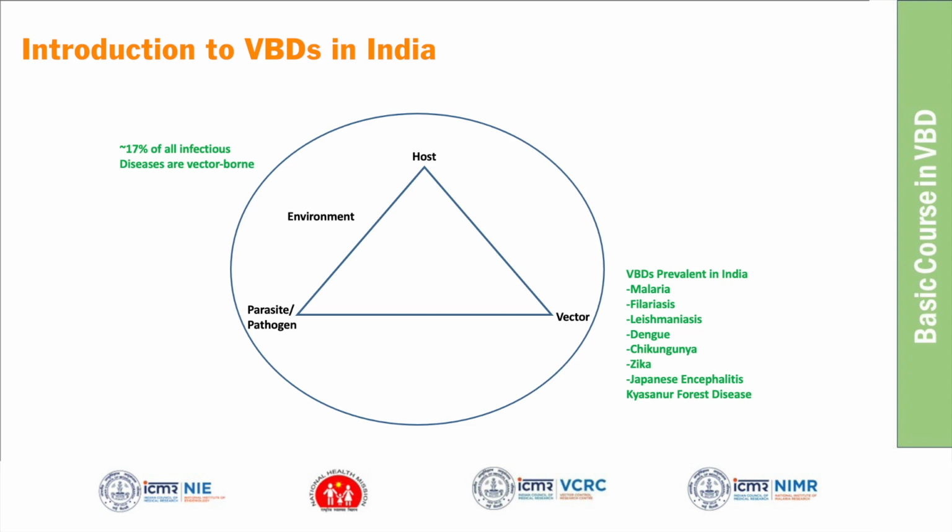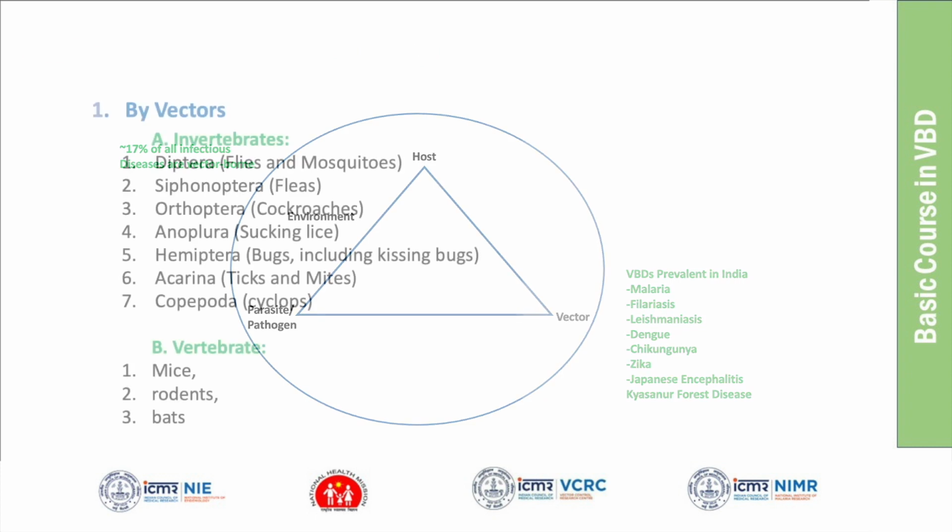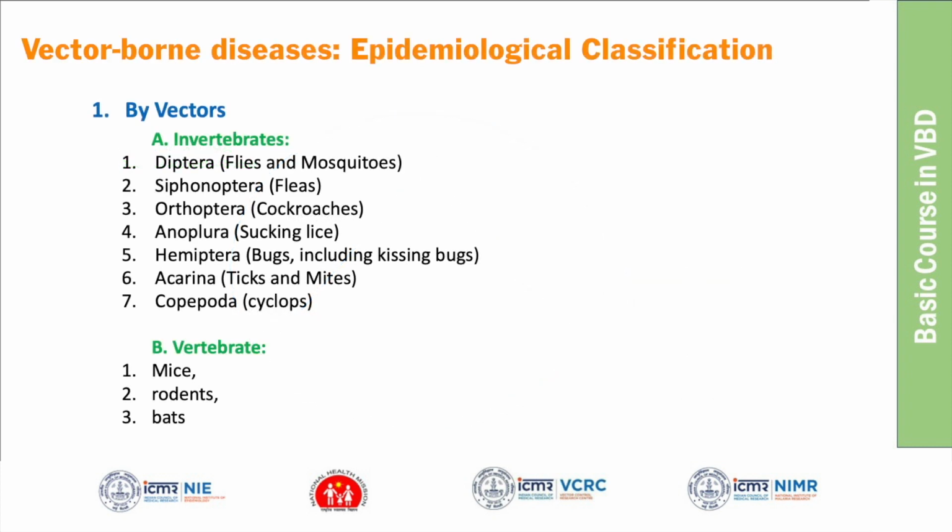The environmental conditions are very important in not only maintaining the cycle of transmission, but also the seasonal outbreaks of transmission. Let us see how we can classify the vector-borne diseases. There are various epidemiological classifications. Number 1 is by vectors.